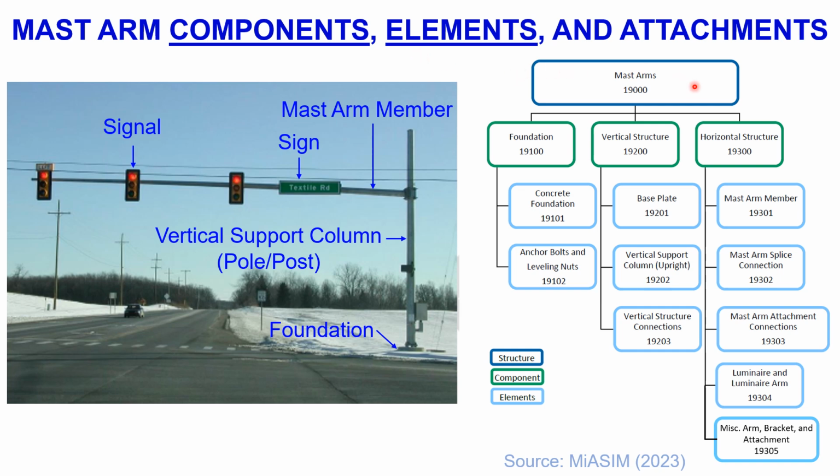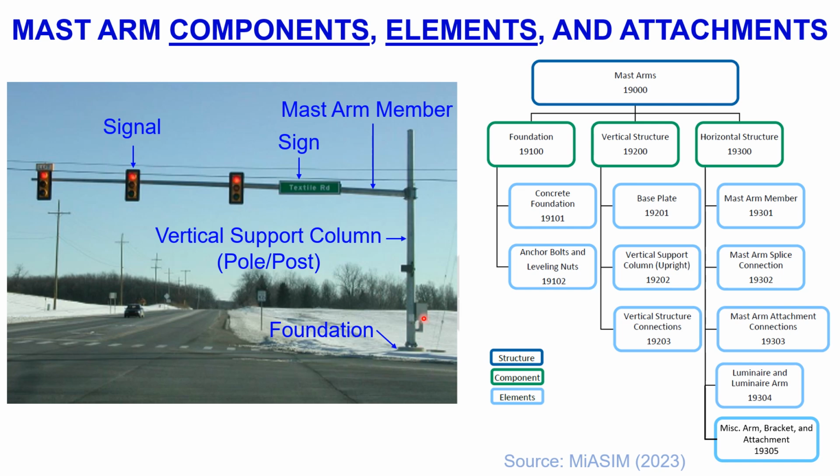The mast arm structure includes the foundation, vertical structure, and horizontal structure. The foundation is a concrete foundation, and it also has anchor bolts and leveling nuts. The vertical structure has a base plate, vertical support or column, upright member, and vertical structure connections.